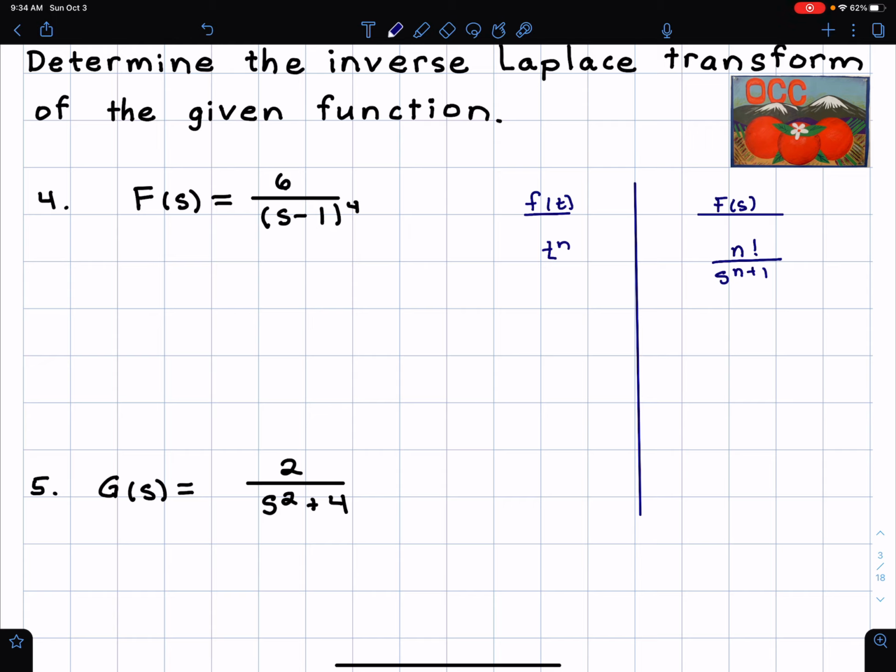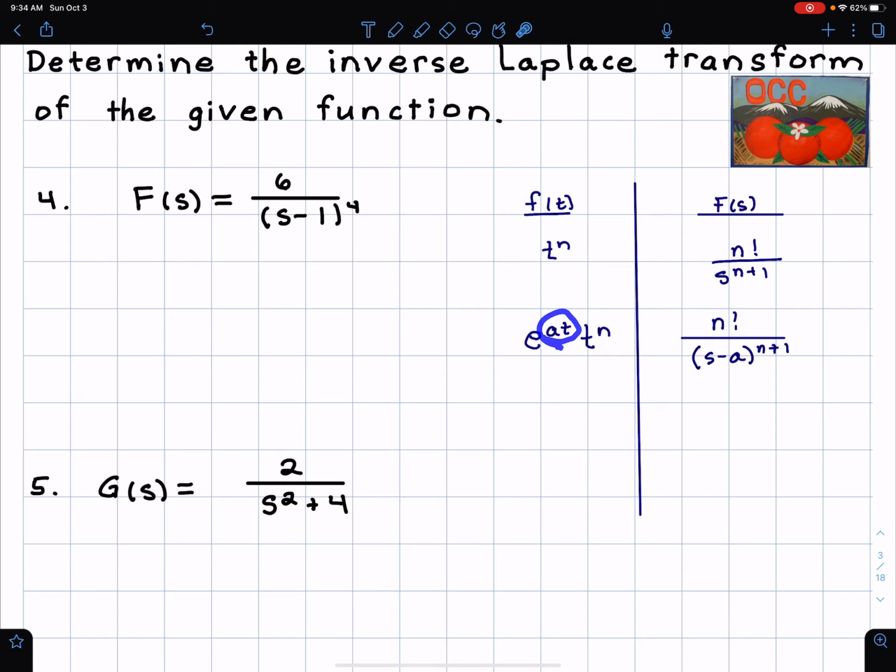But also, if we multiply any function by e to the at, then we can copy down that same result for the Laplace transform, but we replace s by s minus a. I looked this up to double check, but I think I know this.